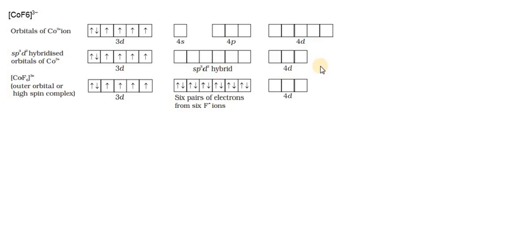The two d orbitals are used from 4d orbitals, and that's why you have the sp3d2 hybridization occurring over here. Your 3d orbitals are not utilized for hybridization, and that's why this particular complex is termed as outer orbital or high spin or spin free complex.